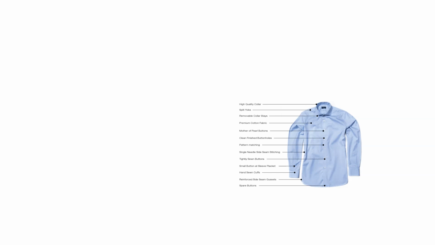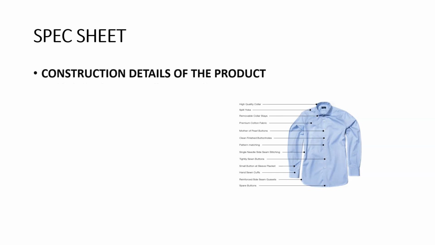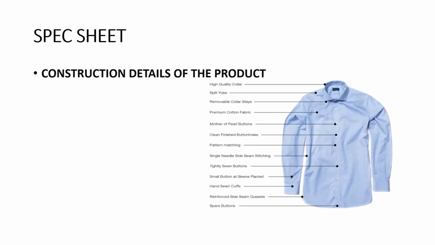Now students, can you recognize this particular image? What is this? This information is also there in the specification sheet. It is nothing but the construction details of the product. You can see in the picture what type of collars have been used, what type of buttons have been used, what type of fabric has been used, what color has been used, what dye stuff was used.